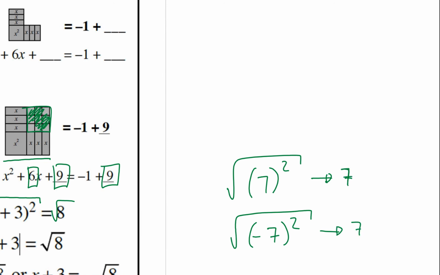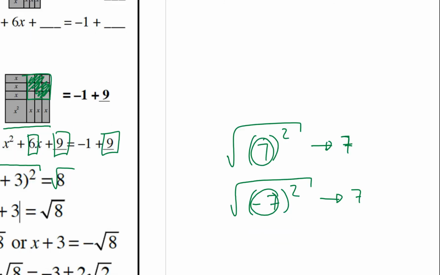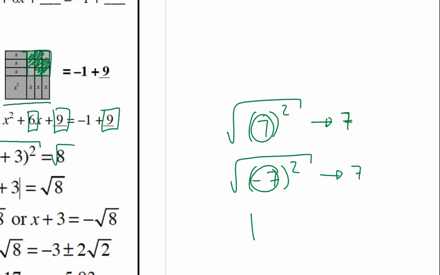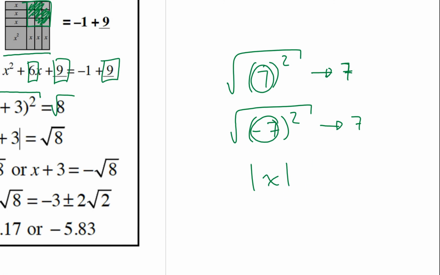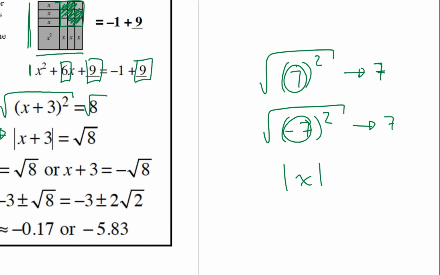So in each case, it doesn't matter if I start with a positive 7 or a negative 7, I end up with positive 7. Well, that's exactly what the absolute value function does. So it doesn't matter if you put a 7 in there or a negative 7 in there, you're going to get an answer of 7.